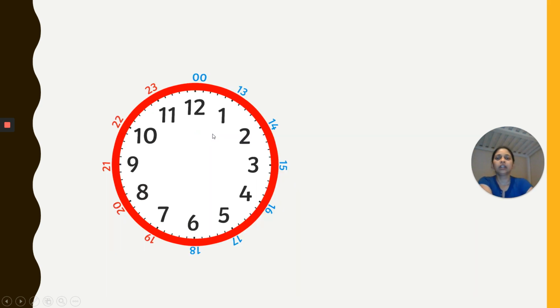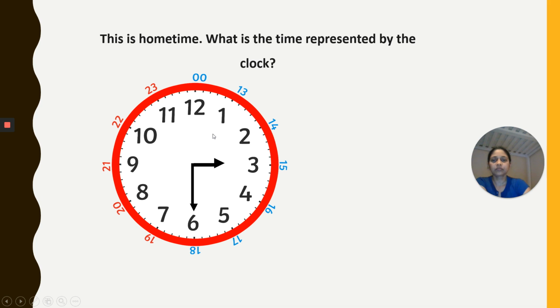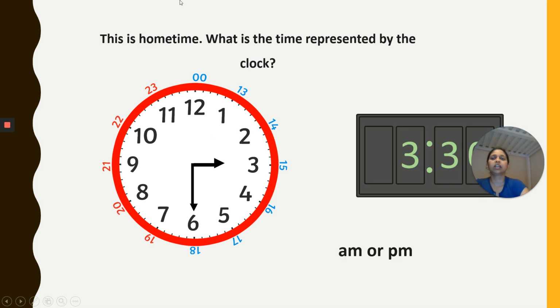Now, over here, this is home time. We know that we finish school at 3:30. But what is the time on this clock?